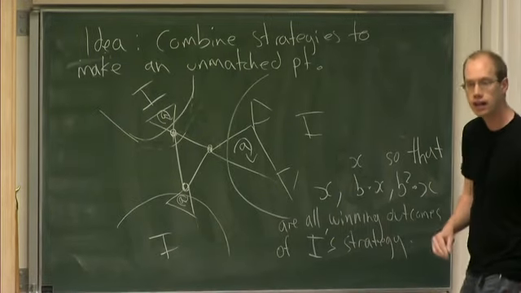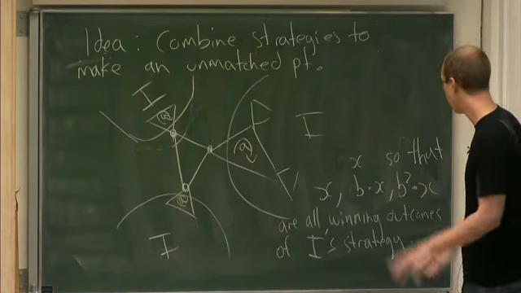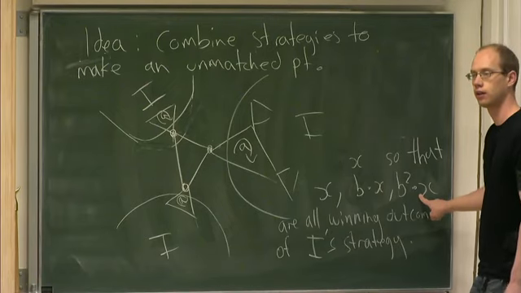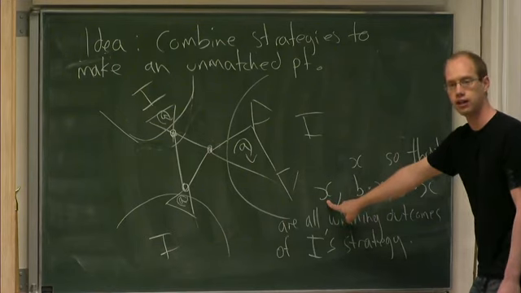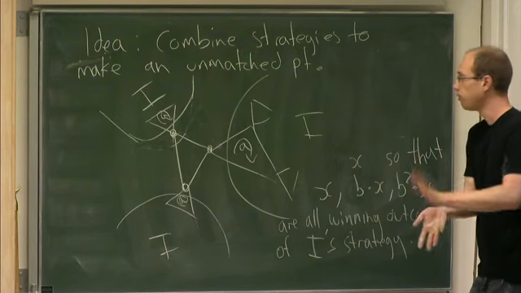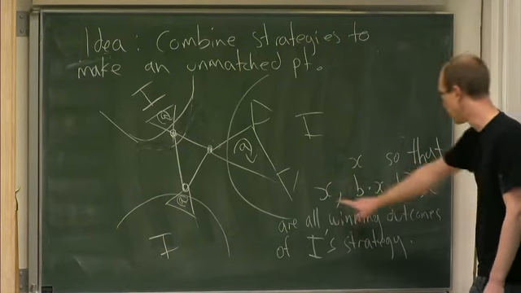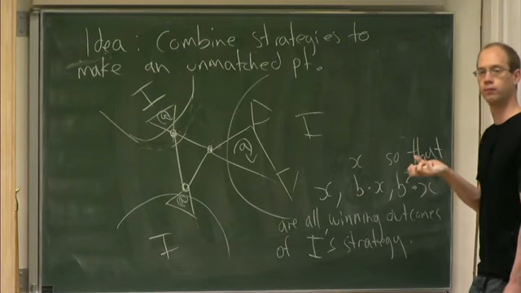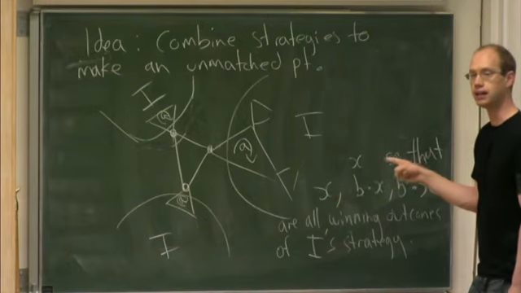And so the remaining details to fill in are that I can simultaneously use in making x, b dot x, and b squared dot x, the strategy for player 1 to make all these three things simultaneously, and that those strategies cohere enough in the way that the game is defined to make a well-defined x, so that x, b dot x, and b squared dot x are all winning outcomes of the game. Okay, and that corresponds now to an unmatched EB class.